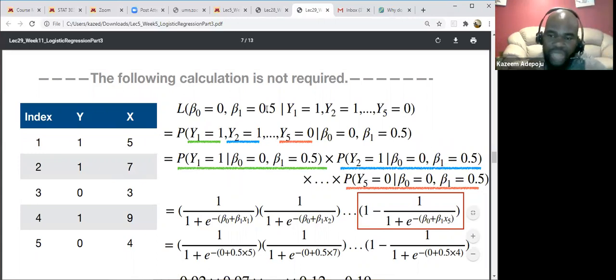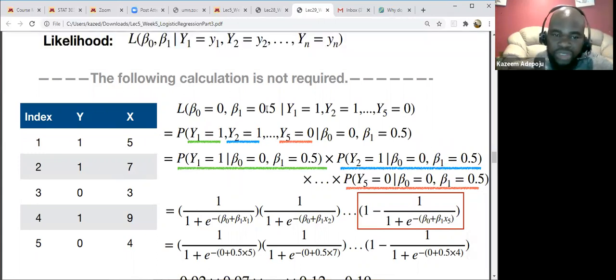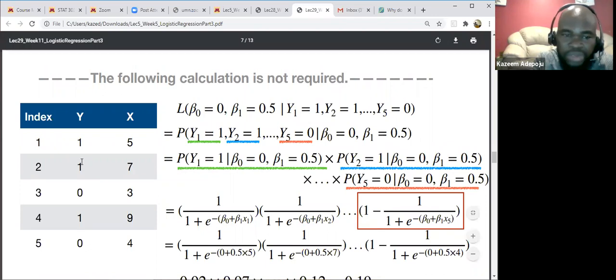I told you the other time that we want to investigate different values of parameters. I have y1 up to y5, which is just talking about the response that I have right here.